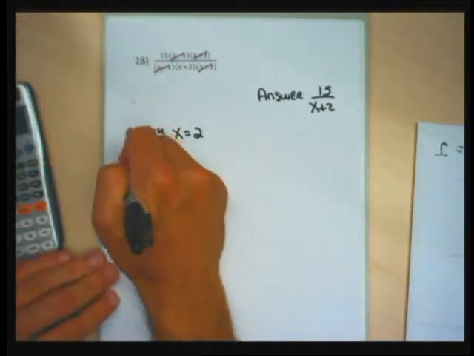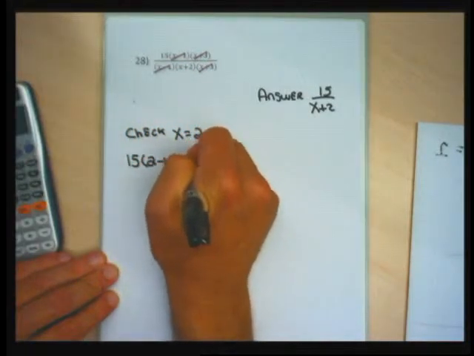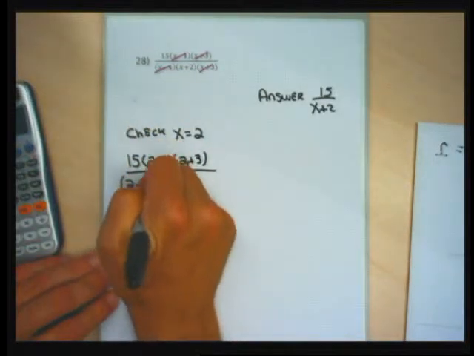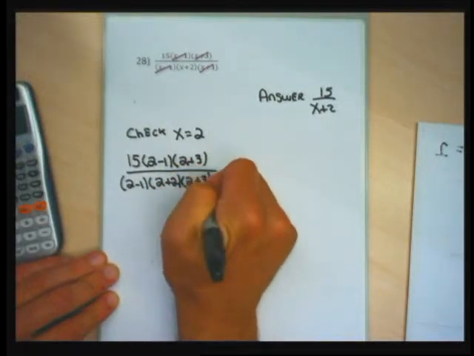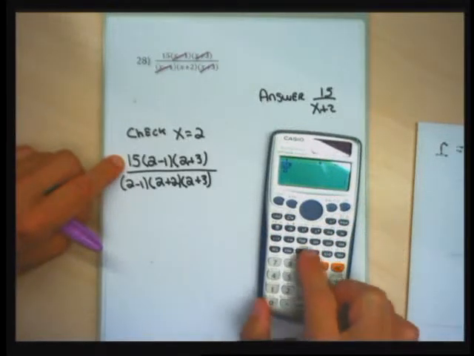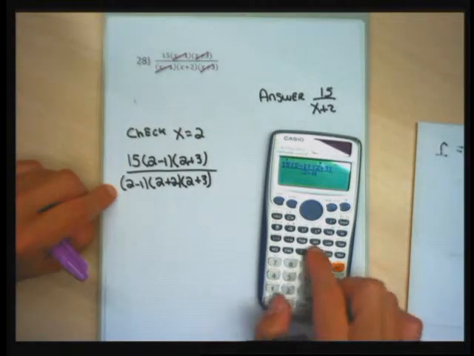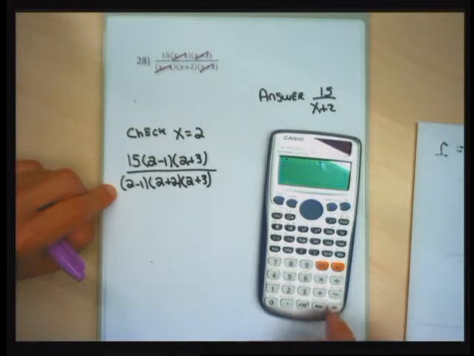I'm going to plug it into the original problem and go 15 times (2 minus 1) over (2 plus 3), divided by (2 minus 1) times (2 plus 2) times (2 plus 3).